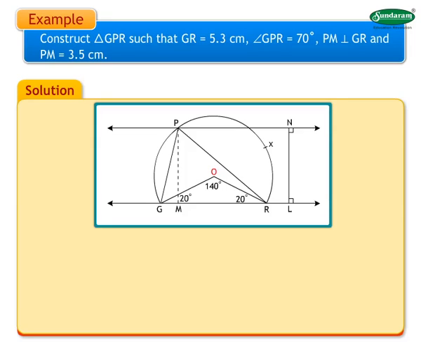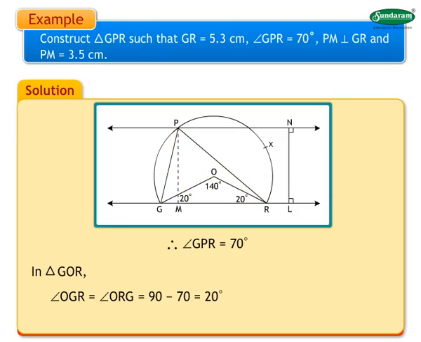Let O be the center of the circle. It is given that angle GPR is equal to 70 degrees. Since angle GPR is less than 90 degrees and triangle GOR is an isosceles triangle, therefore, in triangle GOR, angle OGR is equal to angle ORG is equal to 90 minus 70 is equal to 20 degrees.